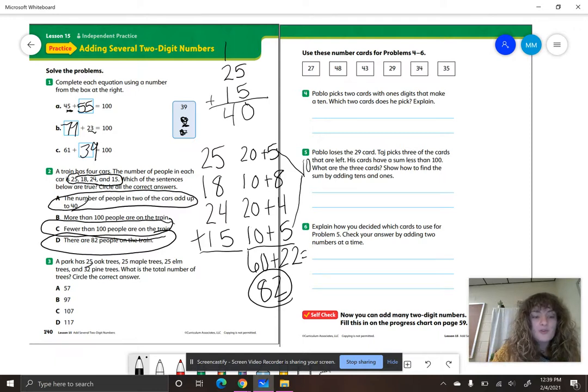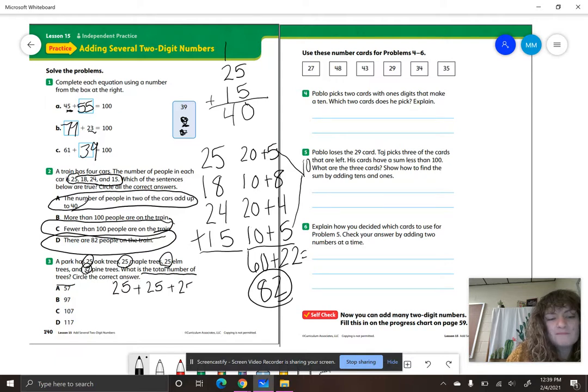A park has 25 oak trees, 25 maple trees, 25 elm trees, and 32 pine trees. What is the total number of trees? So we are adding those 4 parts to find our total. So let's put these 4 parts together.